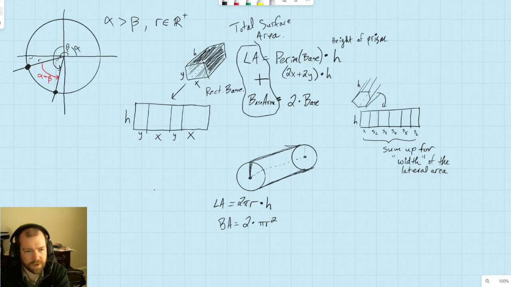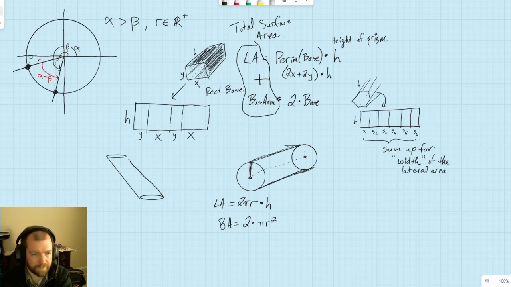So if you were to make a cylinder whose sides... that was interesting.